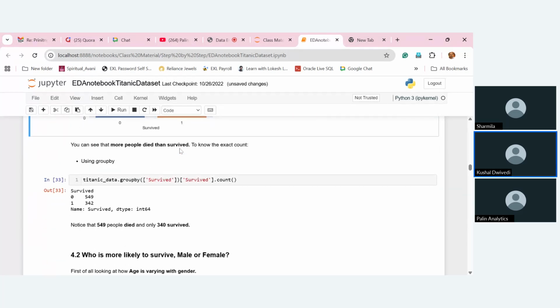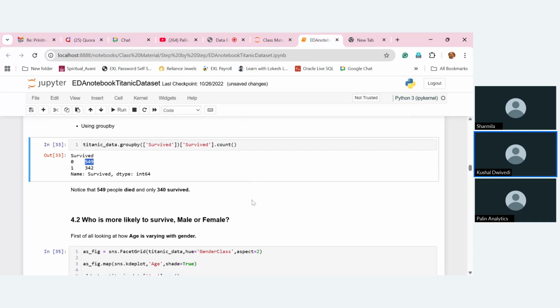Here we can conclude that more people died in comparison to survived. There were 342 people who survived, and 549 people who did not survive.